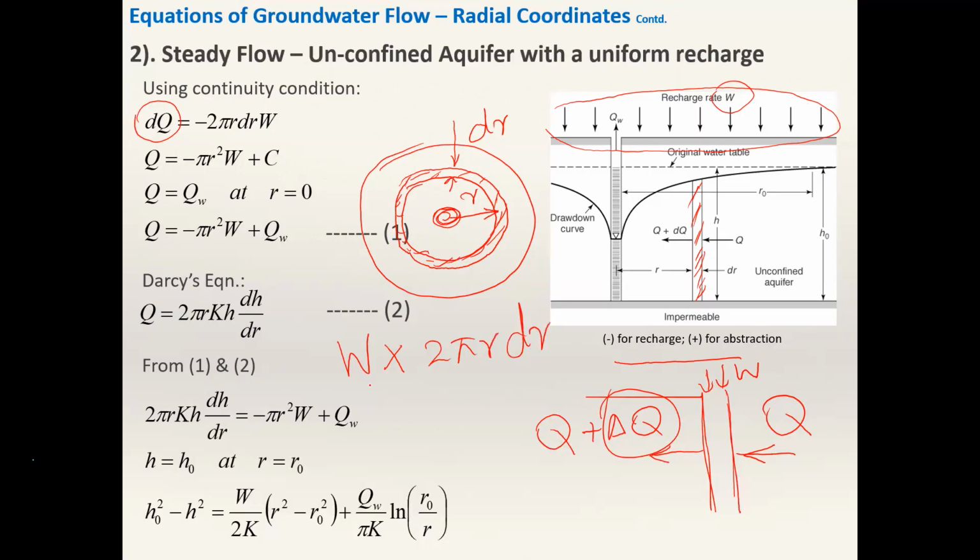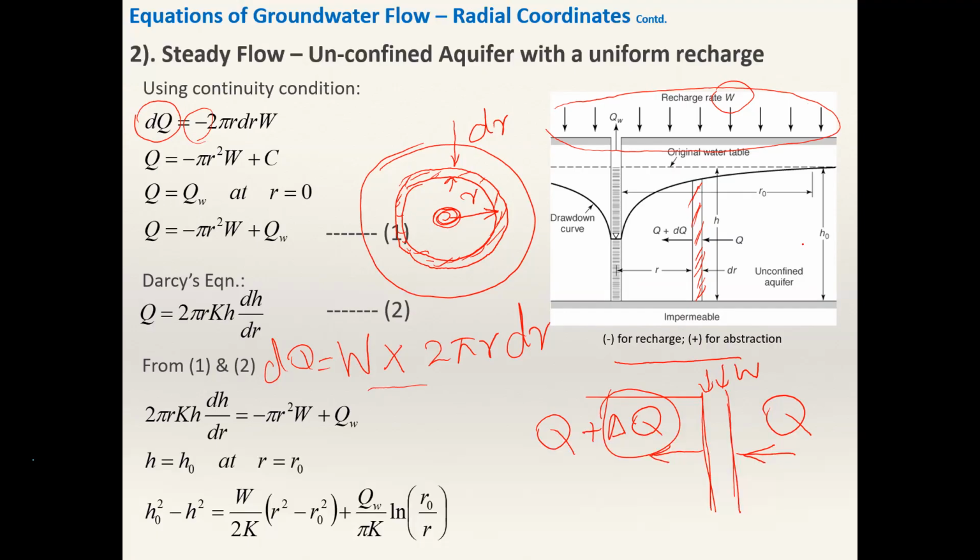So that's it. So this is equal to dq. Now you see there is a negative sign here. Why is there a negative sign here? Because this W is downward, but we consider positive to be upward. That is why you have a negative sign here. And that's it. So you have one equation now.